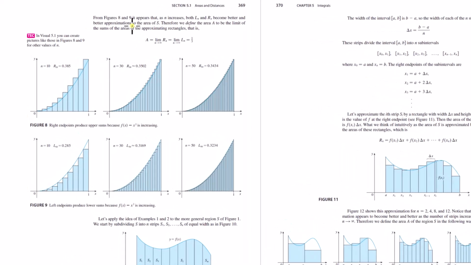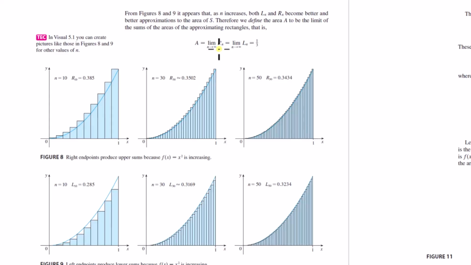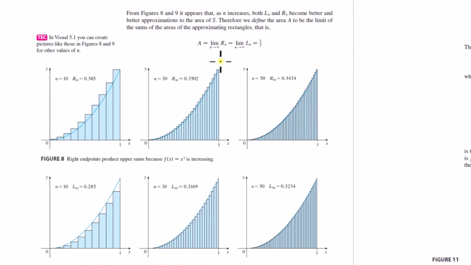So if we go ahead and do a simple visual exercise, make a graphical illustration here, you've got the right endpoint rectangles in figure 8 here, and the left endpoint rectangles in figure 9. If we let the number of rectangles get bigger and bigger, as big as we can let them get until visually our eyes can't resolve the rectangles anymore, it visually appears that the result is converging on exactly what we're looking for, right?